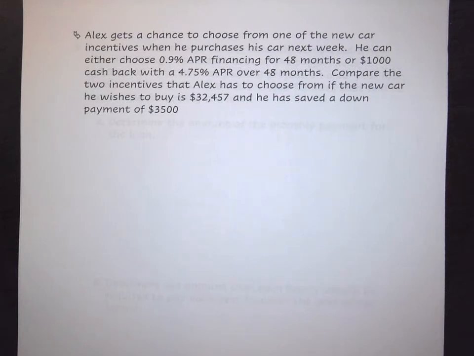He can either choose a 0.9% APR financing for 48 months or $1,000 cash back with a 4.75% APR over 48 months. You need to compare the two incentives that Alex has to choose from if he wishes to buy a car that is $32,457 and he has saved a down payment of $3,500.